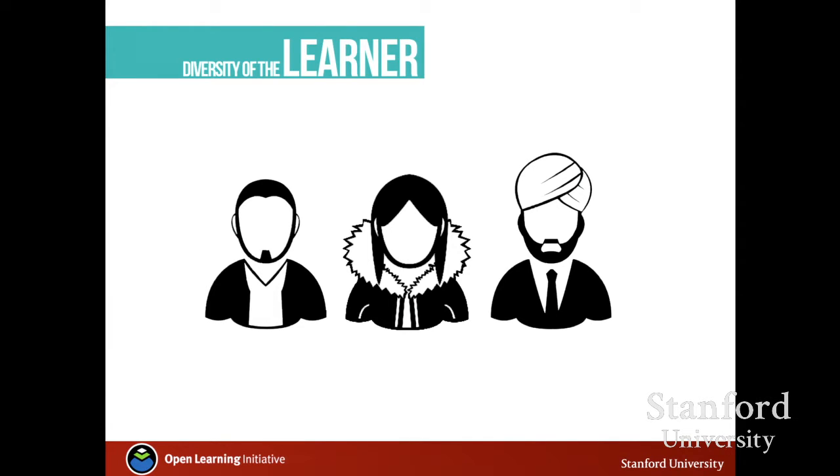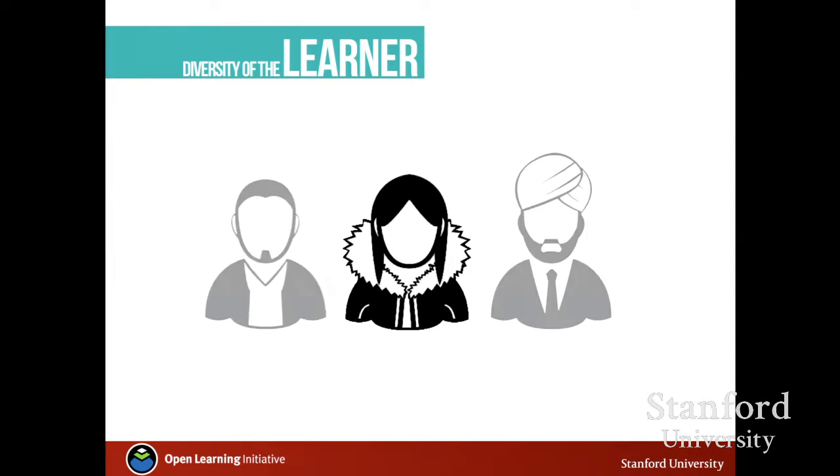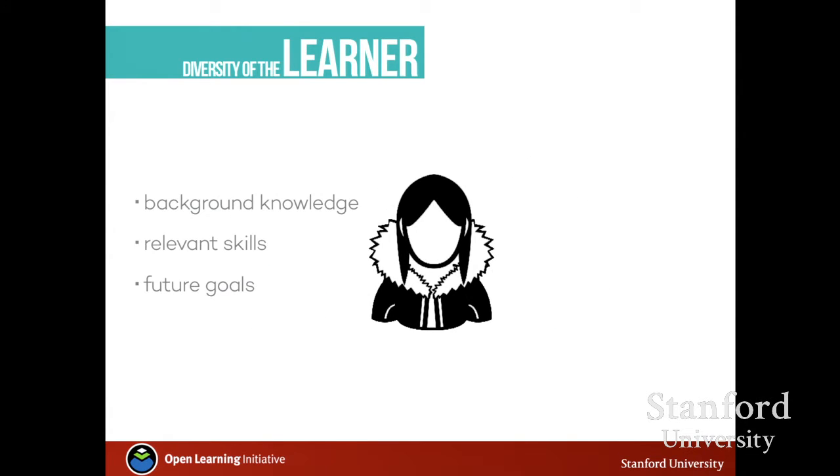And I don't just mean diversity in terms of racial, ethnic, cultural, religious, gender identity, sexual orientation, all the usual classifications of diversity. Those are all important, but also diversity in their background knowledge, their relevant skills, and their future goals.